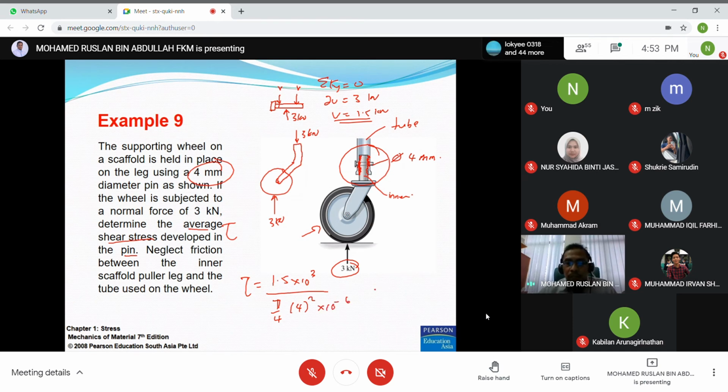So this is the answer in megapascal. That is the average shear stress. Sometimes the answer is quite simple, and the problem is how to get the answer.